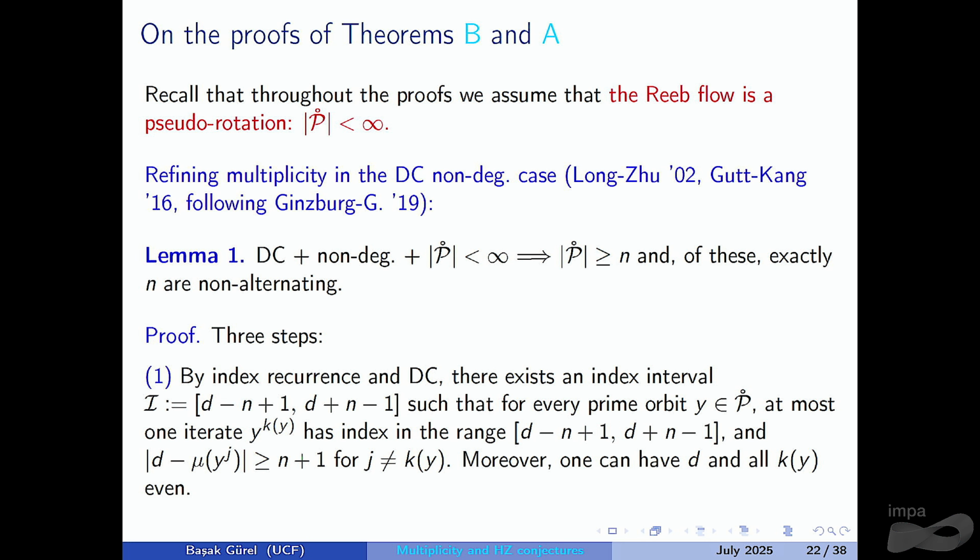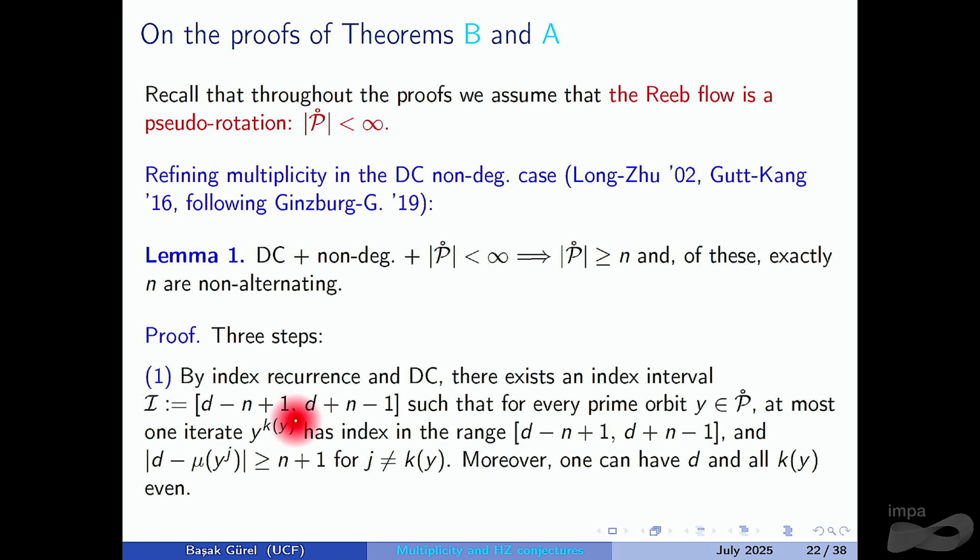Okay, so now with this in mind, let's briefly go through how these theorems work. Maybe the first thing I want to mention is how we can refine the multiplicity result in the non-degenerate dynamically convex case for pseudo-rotations, how this number becomes n, and that n of them are non-alternating.